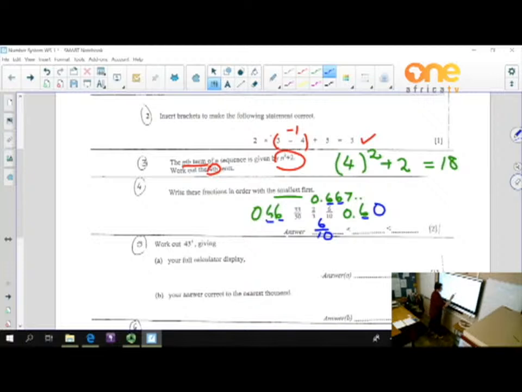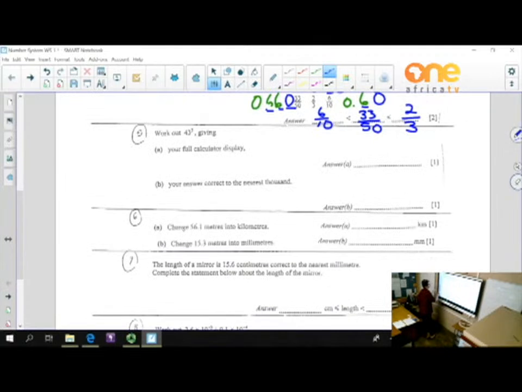And the next one, if we look now at the third one, here it's a 0, but there it is a 7. So it will be 33 out of 50. And the last one is then 2/3. And look that I also write them in the original given form, not as the decimal. You will lose a mark if you do that.